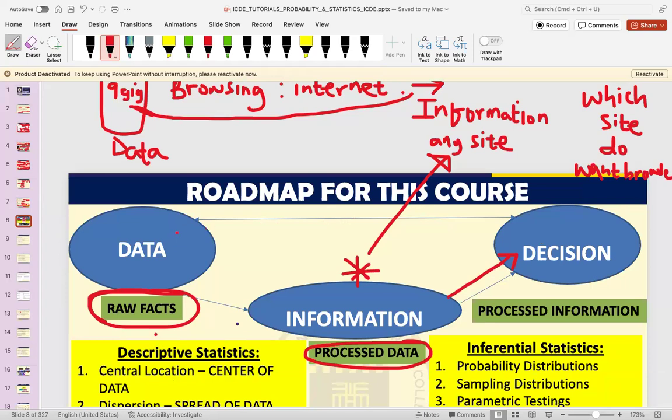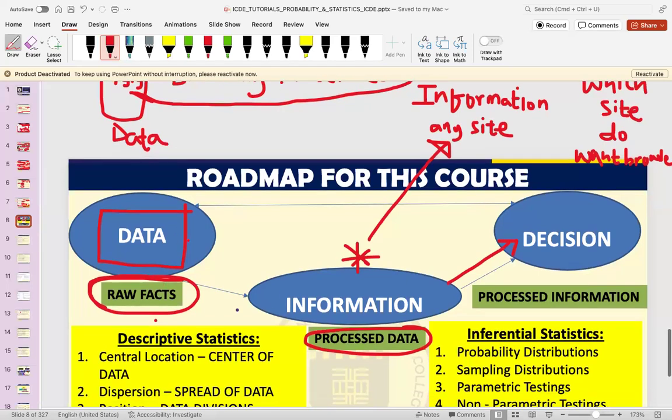Our roadmap is that, what is data? Data are raw facts. Can we use raw facts to take decisions? No. We can only use raw facts to take decisions after we convert it into information. When we convert raw data into information, do we just stay at the information? No. We need to take a decision as to which information we want to carry across.